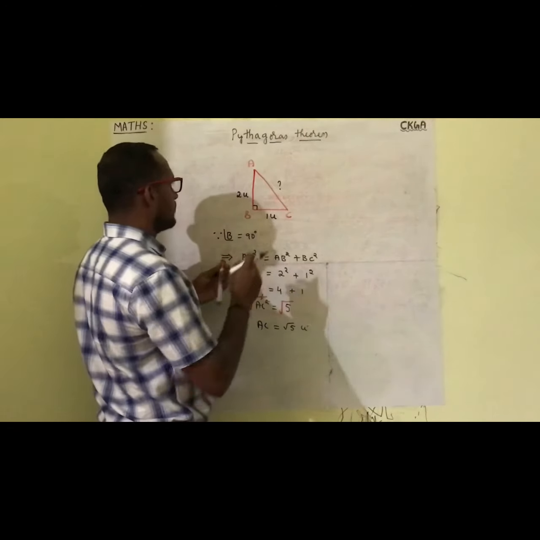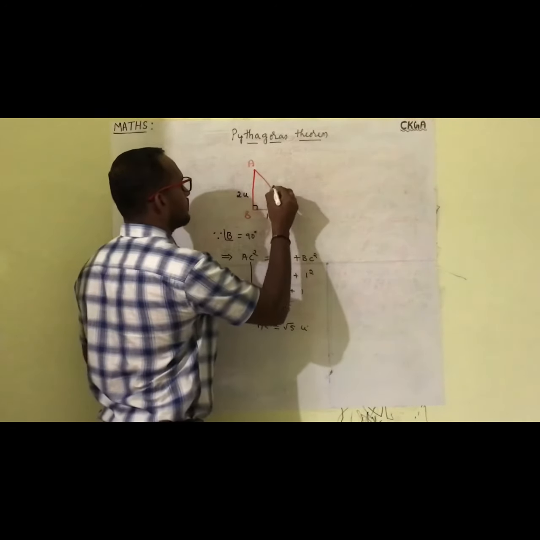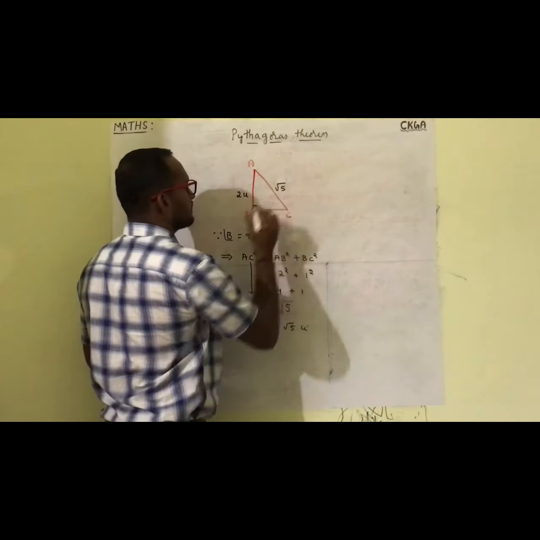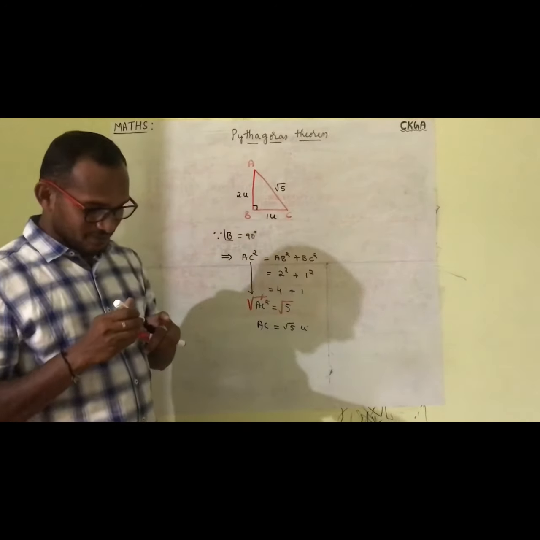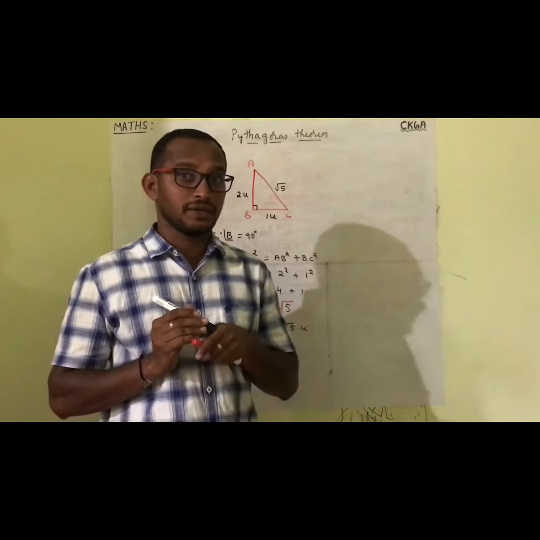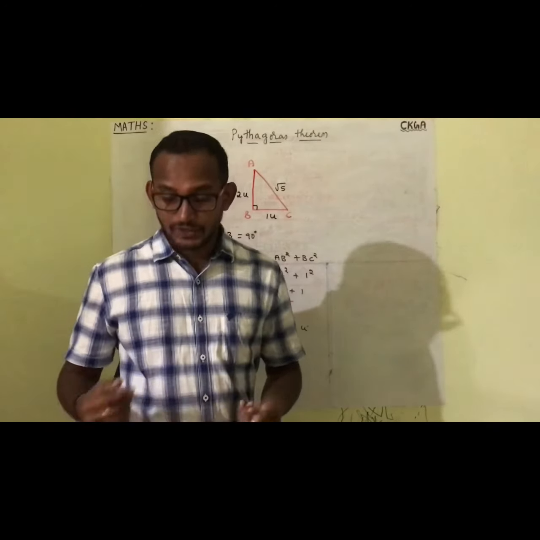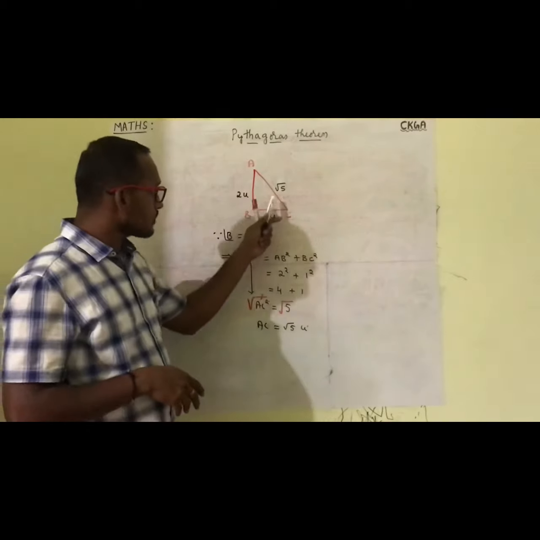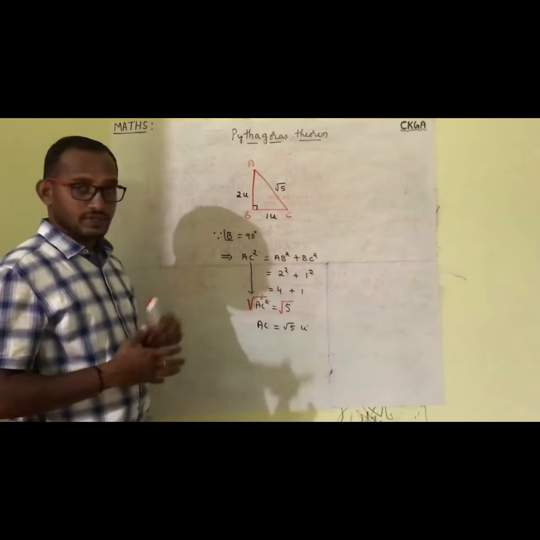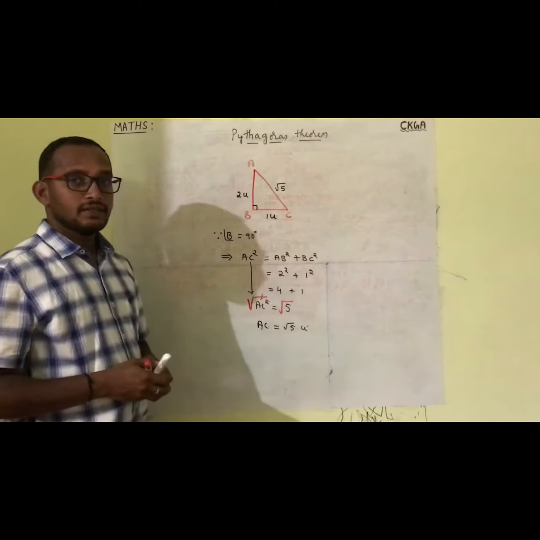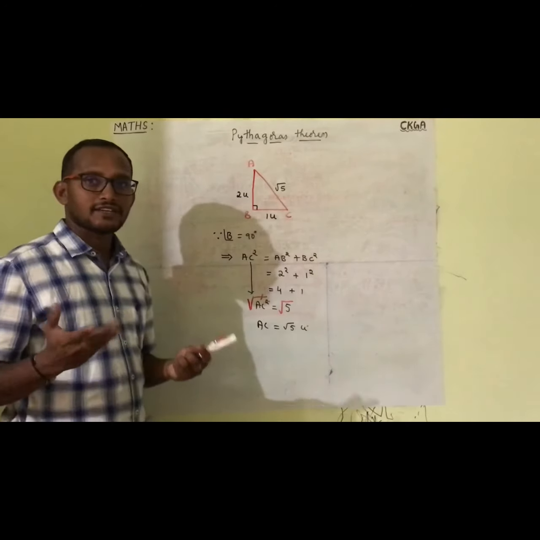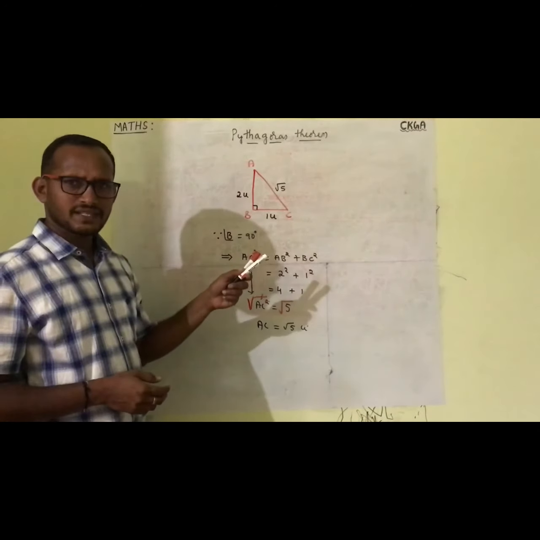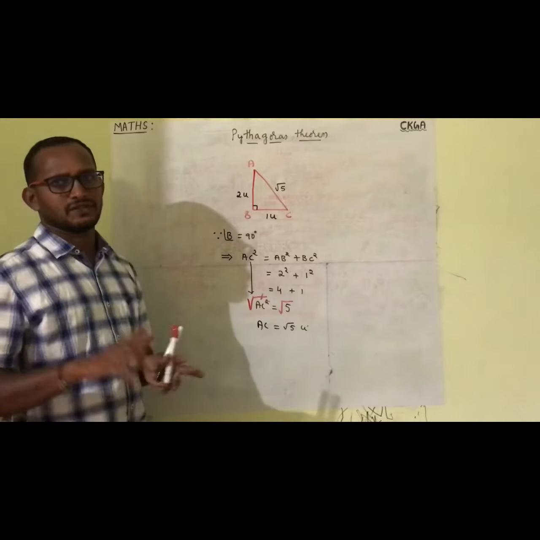I'll put root 5 here in place of the question mark. Now 9th standard kids, you should be learning about the Pythagoras theorem for the irrationality of a number. Watch it closely. If you take 2 units here and 1 unit there, you get root 5, which is irrational in nature. Do you think root 5 is irrational? Yes, root 5 is irrational, no doubt about it.